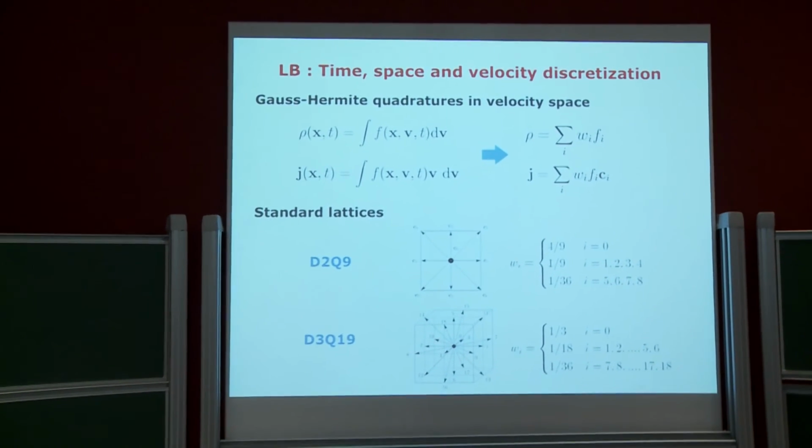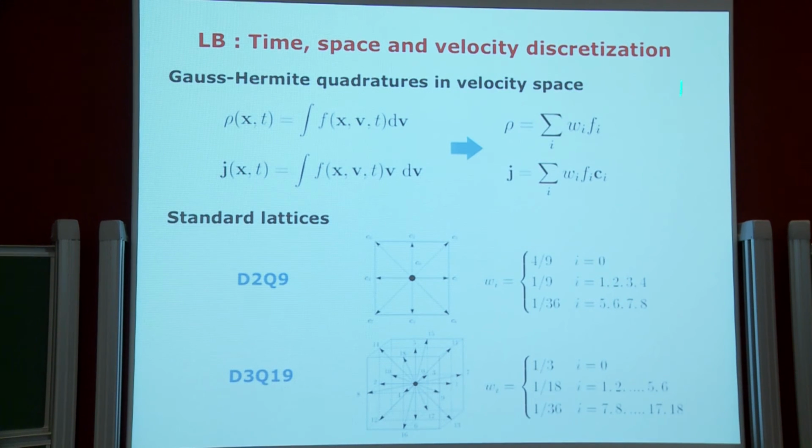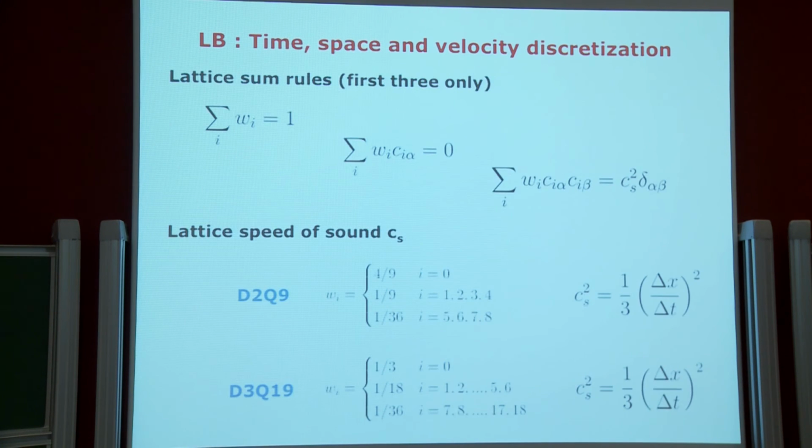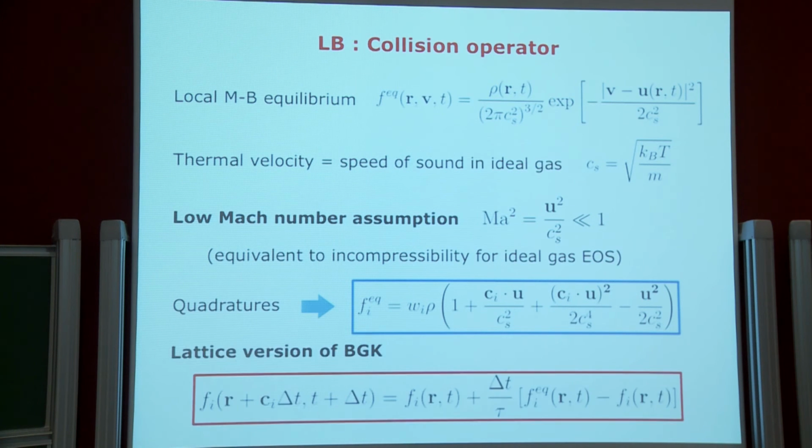More generally, if you want to compute exactly higher moments of the velocity distribution, you will need to have higher order quadratures, and that means using more velocities in your lattice. But that's also doable. So if you have simulations that work with constant temperature, you don't really care about using more velocities. But if you're looking at thermal gradients, then you need to be very careful about what you're doing.